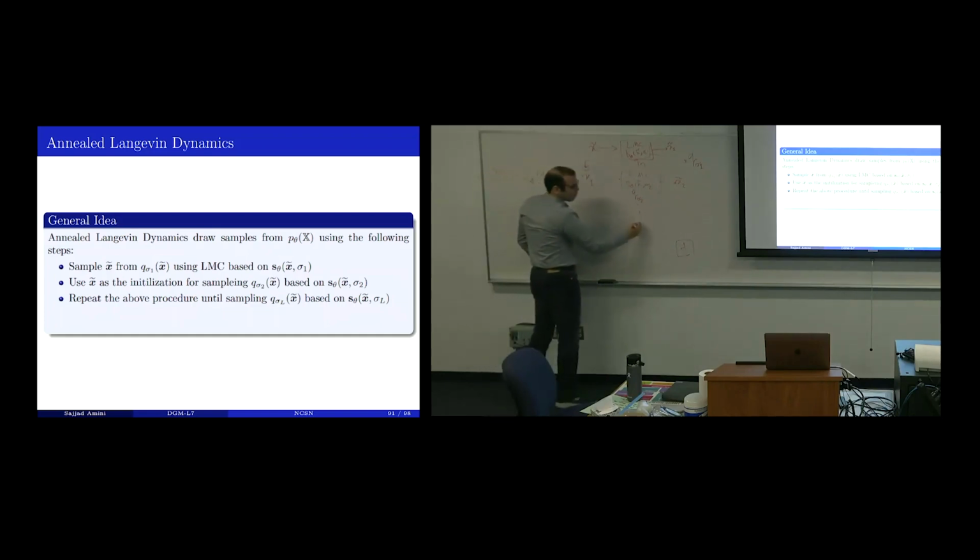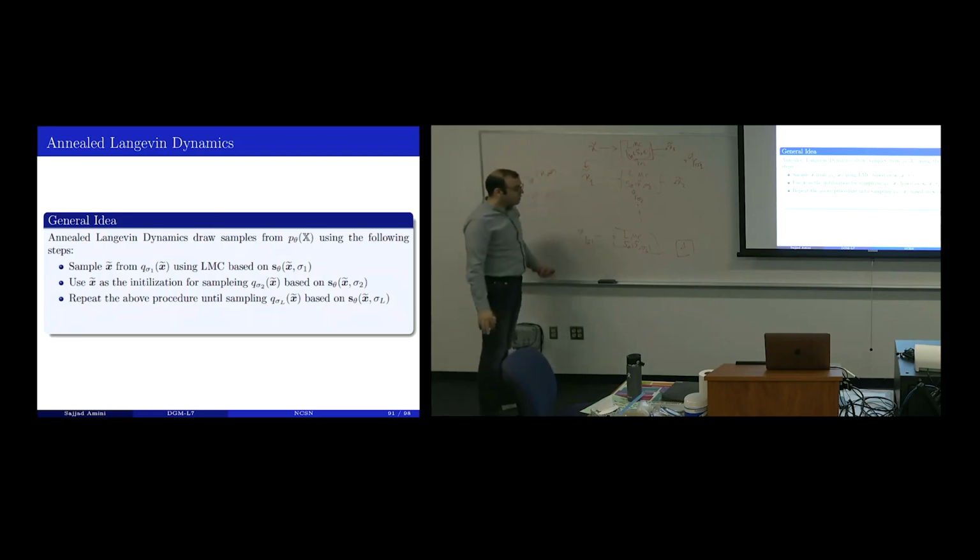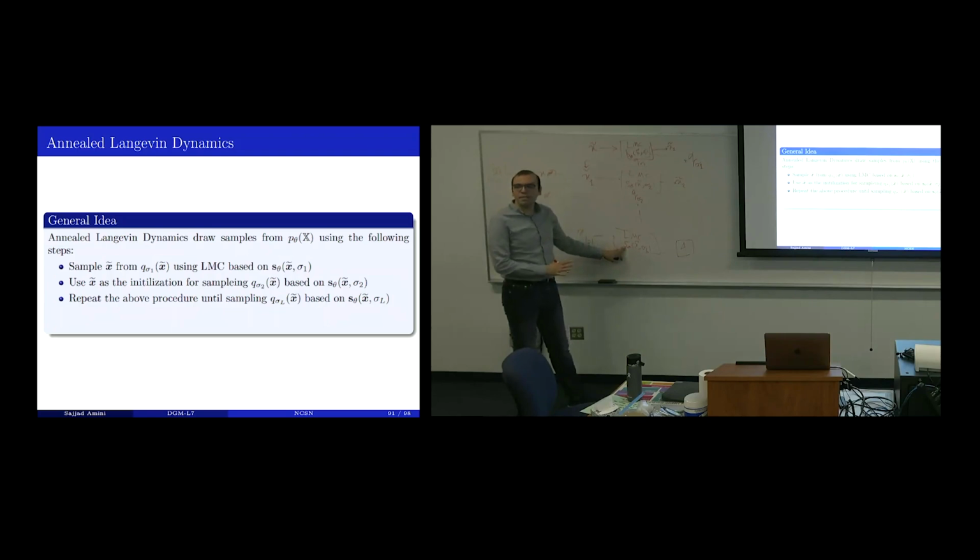We continue this procedure. At the end, we use LMC using S theta of X tilde and sigma L. This is L minus 1. We cannot start with this score function because we have slow mixing of Langevin dynamics.